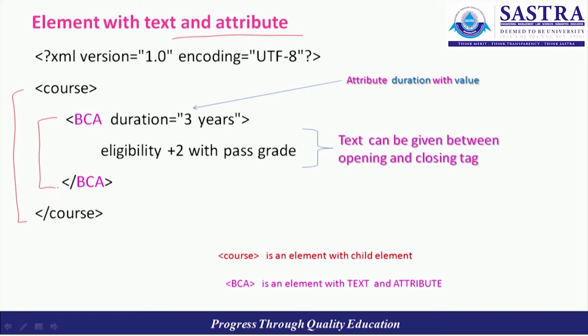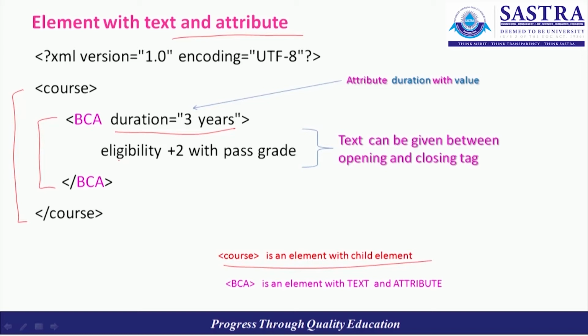I can say this is an element with a child element. Course is an element which has a child element called BCA. Next, the BCA is an element which has an attribute as well as text.